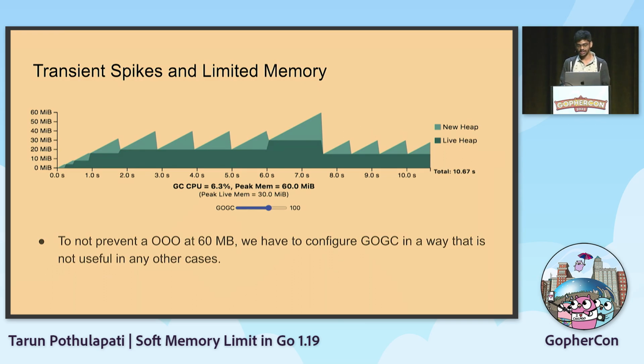So as a user you have to keep the extreme case in mind, the transient spikes, to actually set the GOGC value. And as you all know, transient spikes are transient. You can't really expect them to be at a certain value. They're very rare and we can't really estimate how that would be.